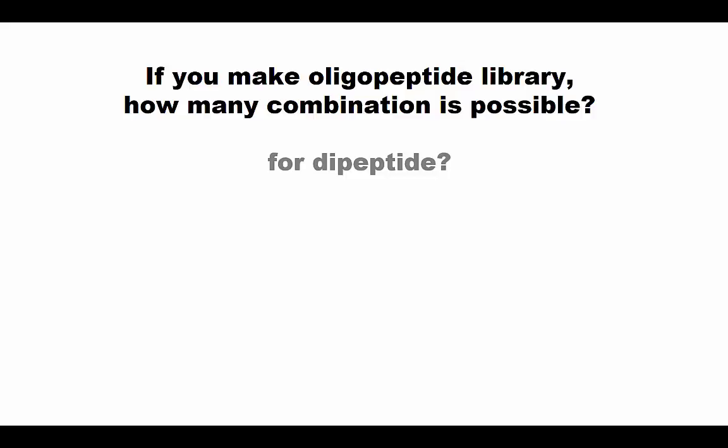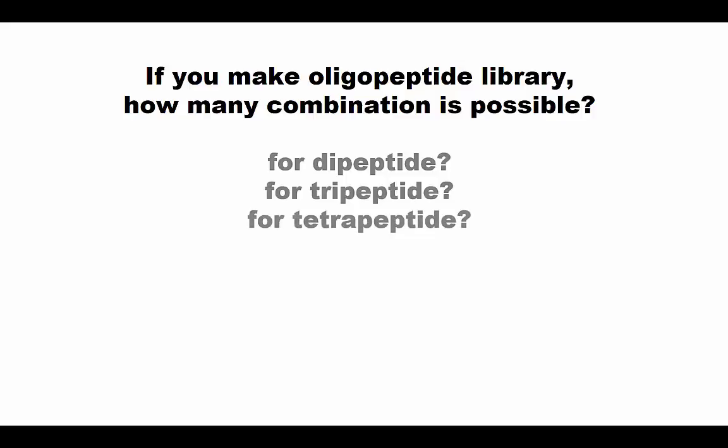Only a very small dipeptide, and already you have 400 peptide structures. How about the tripeptide? That's 20 by 20 by 20, that's 8,000, right? How about the tetrapeptide? It's 160,000.